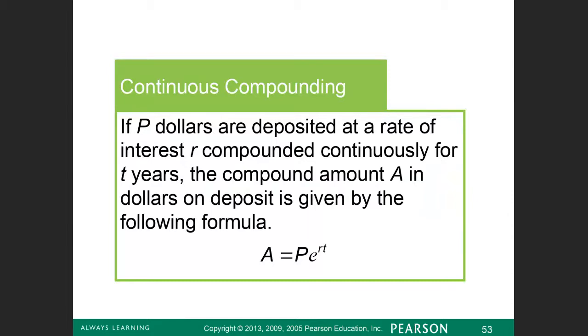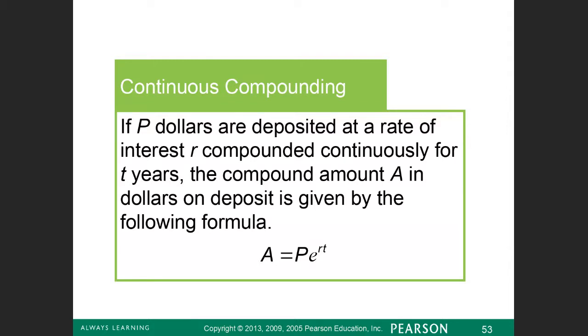It's a little bit similar to the compound interest formula, but in this case, you have the word continuous compounding, or you can have the word continuously in your word problem as given information. If P dollars are deposited at a rate of interest R compounded continuously for T years, the compound amount A in dollars on deposit is given by the following formula.